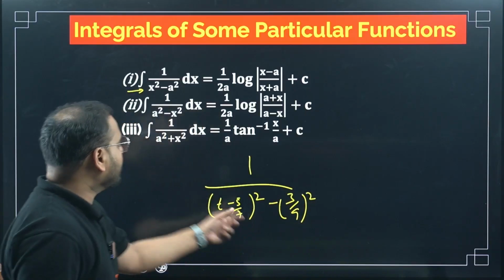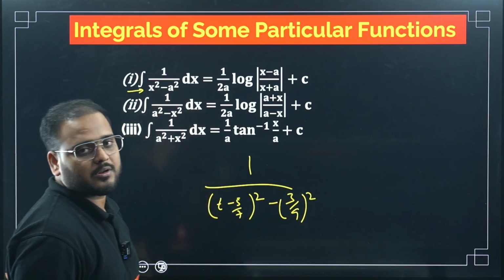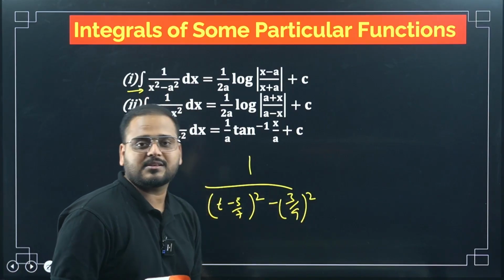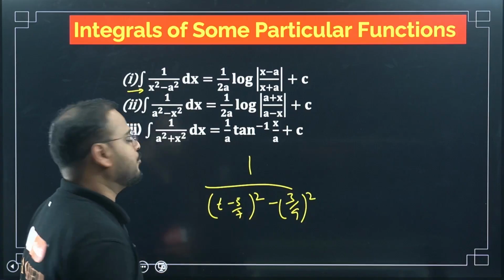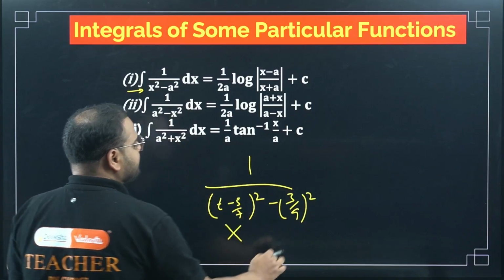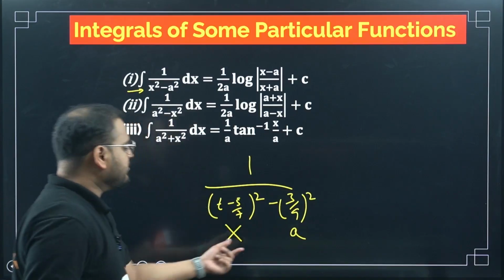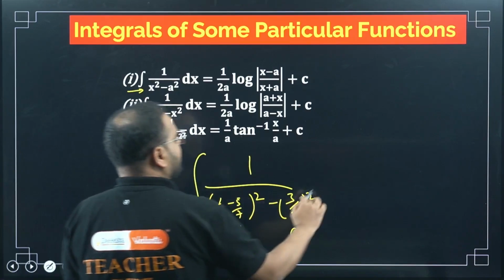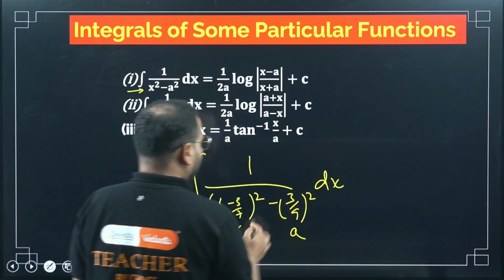So it will not be simply x square minus a square. Instead of x you will have a variable term like this and a constant term like this. Whenever you have this situation, we call this x and we call this a, so it transforms into the x square minus a square category. If you are asked to integrate this with respect to the variable x.